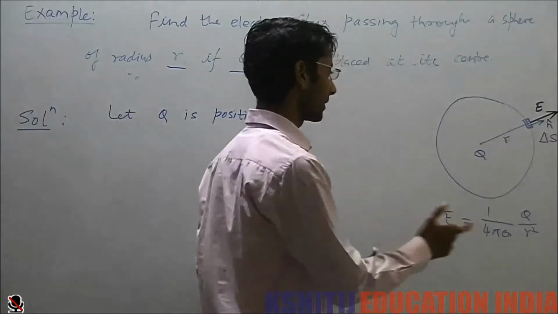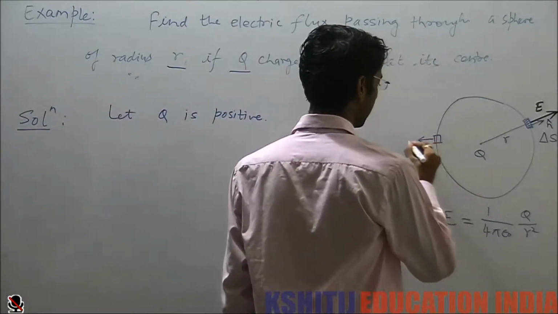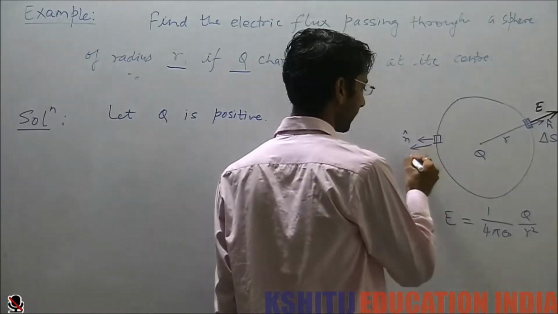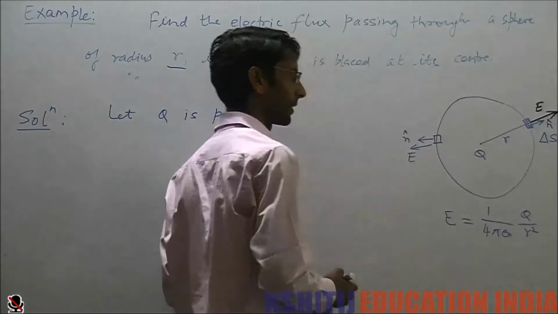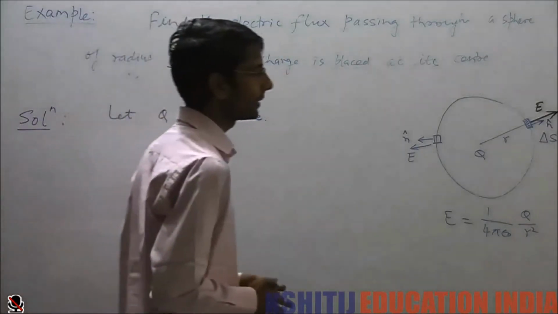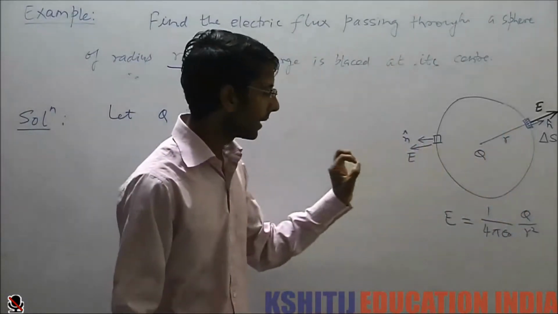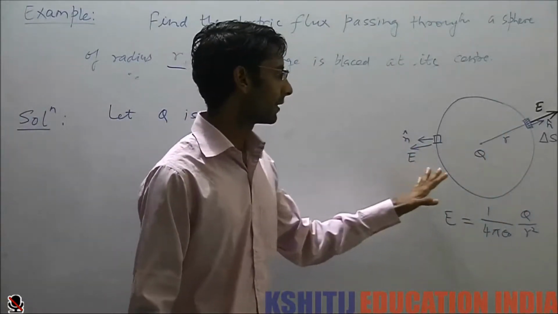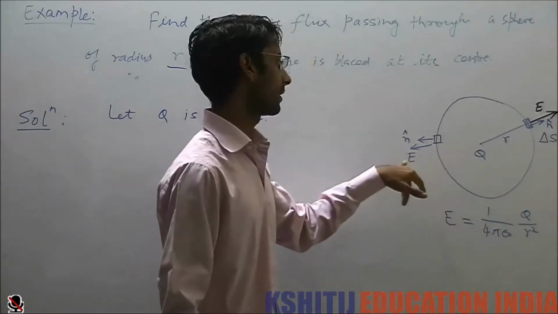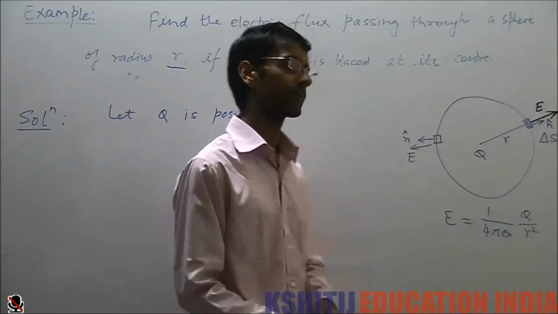If we talk about these quantities at this point, we will have a similar kind of thing. The positive normal vector will be in this direction, and the electric field will also be in this direction because of that charge. So at each and every point on the surface, the angle between the surface area vector, the positive normal of the surface area, and the electric field is going to be 0, because both are parallel.